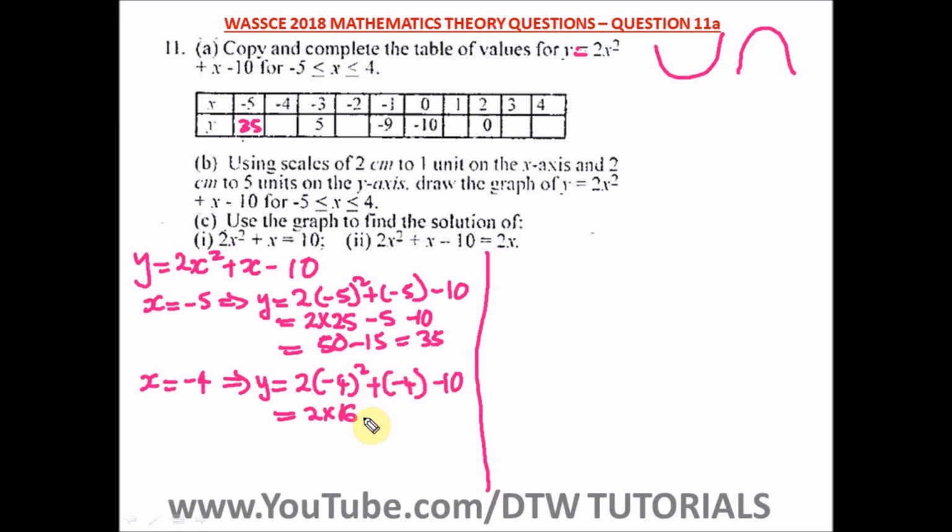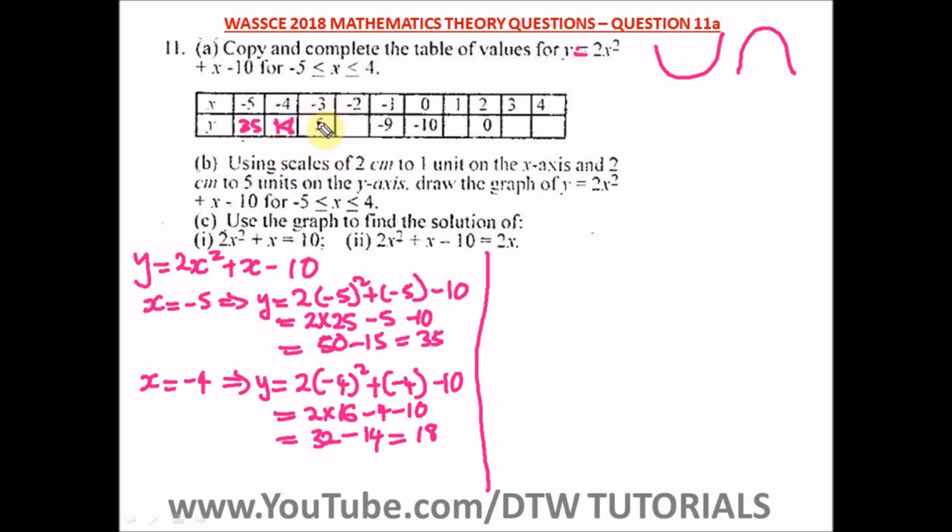Then plus times this minus here will give us -4, then -10. And what is 2 times 16? 2 times 16 will give us 32. And we have -4 minus 10 will give us -14. And 32 minus 14 will give us 18.